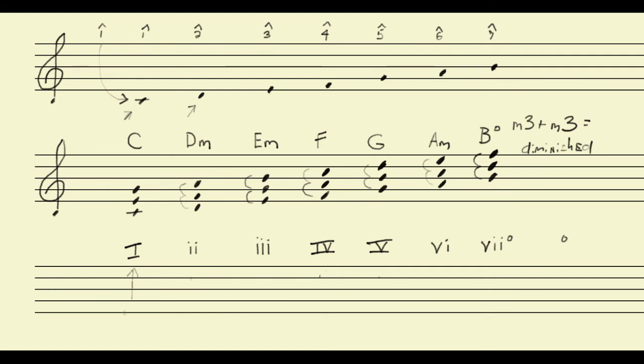The 1 chord is major, the 2 chord is minor, the 3 chord is minor, the 4 chord is major, the 5 chord is major, the 6 chord is minor, and the 7 chord is diminished.